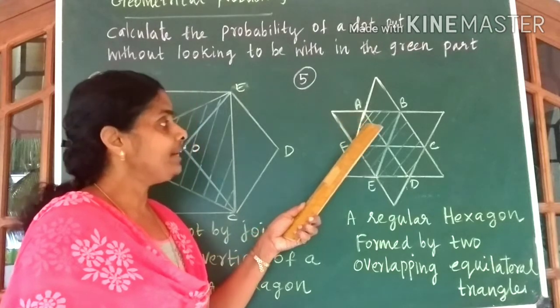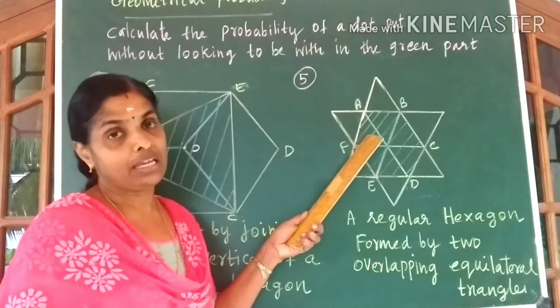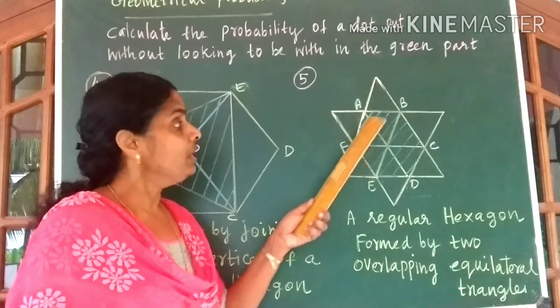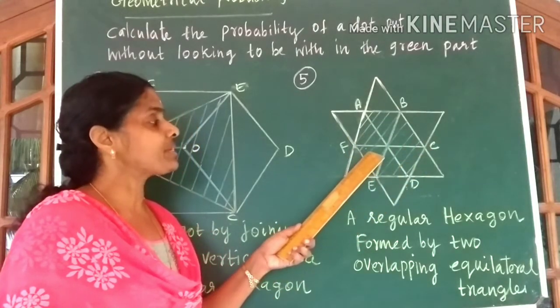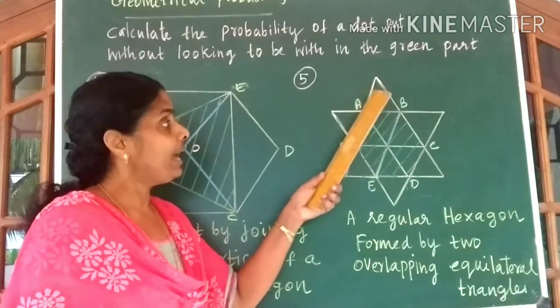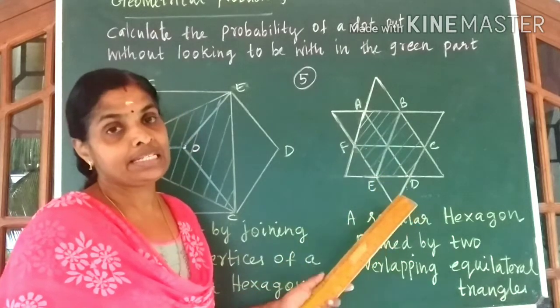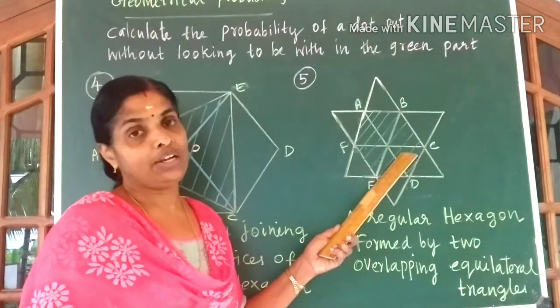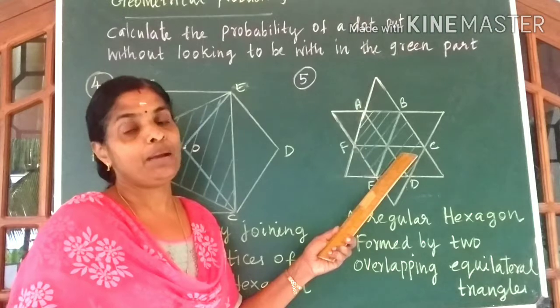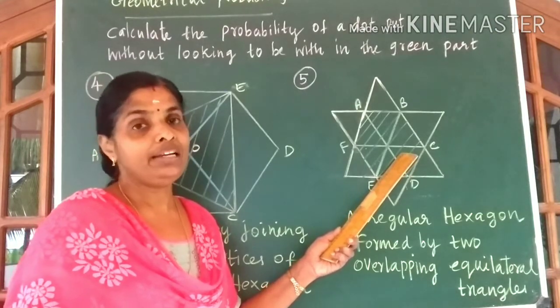This unshaded and shaded have same area. In a similar way, if you look at all the 6 triangles, inside and outside, you can understand probability of a dot being within the shaded part to be equal to 1 divided by 2.